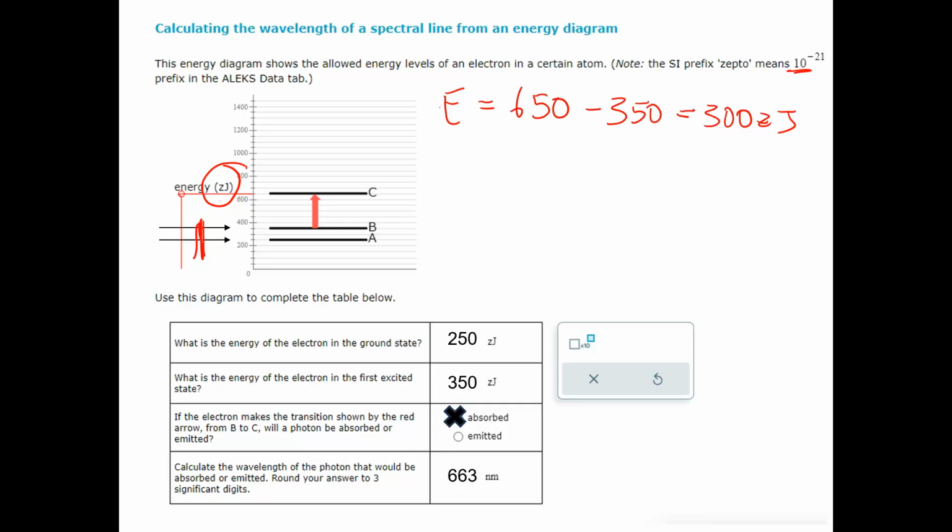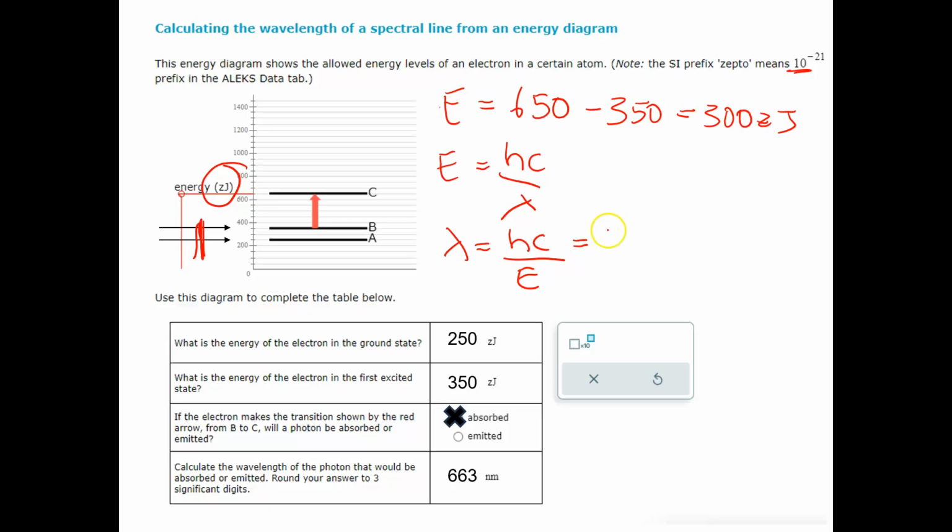So now we have to turn that into a wavelength. So energy is related to wavelength, if you recall, via this little formula. So now we have to reorganize and solve for wavelength. So wavelength is equal to Planck's constant multiplied by the speed of light divided by the energy.